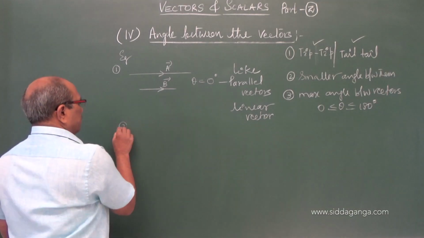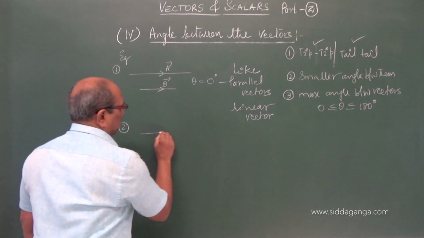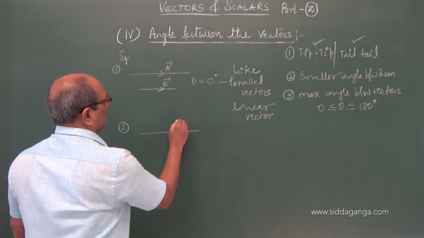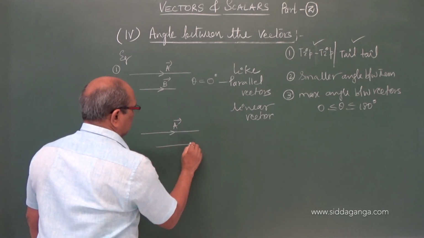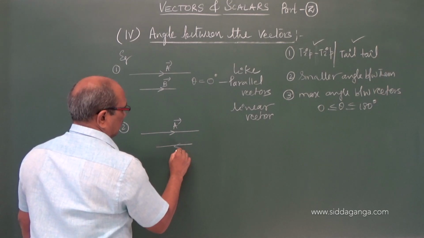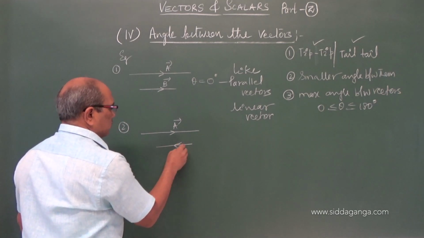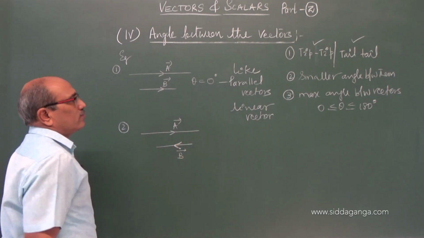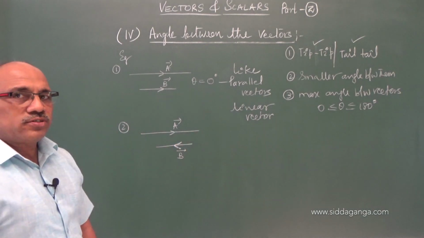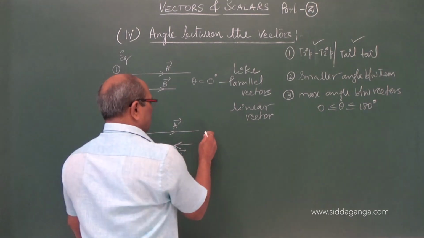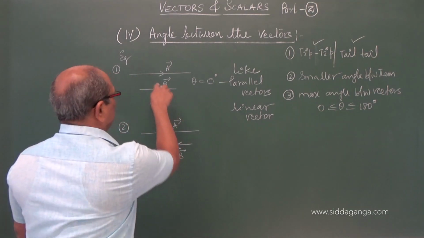The second, if the vector is A and another vector is B, now you are seeing the direction is opposite. How do I come to know here?